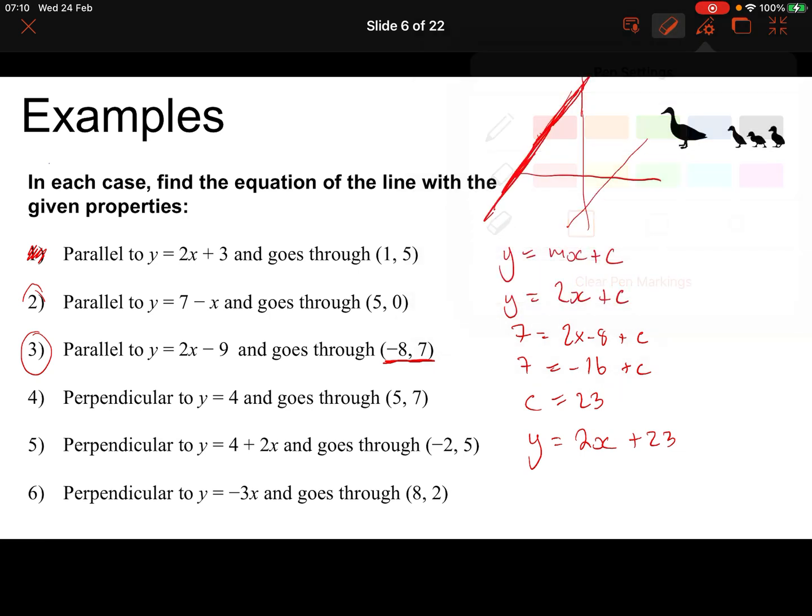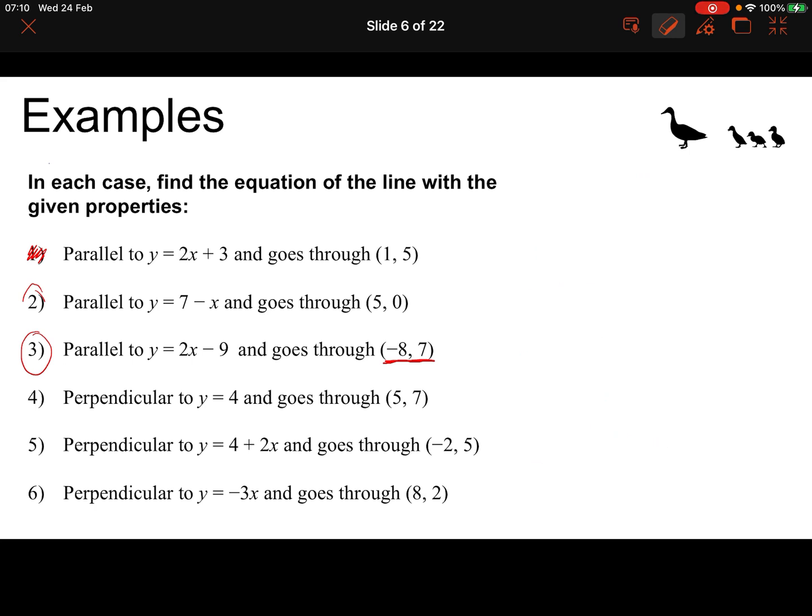Okay, I'm going to skip question 4 and come back to it. I'm going to do question 5 first. This time we're perpendicular to a line y equals 4 plus 2x. That has a y-intercept of 4 and a gradient of 2.